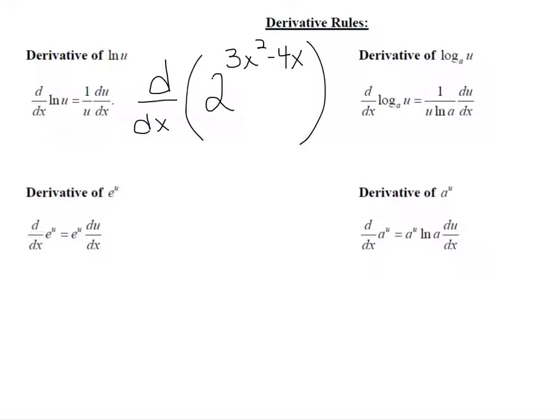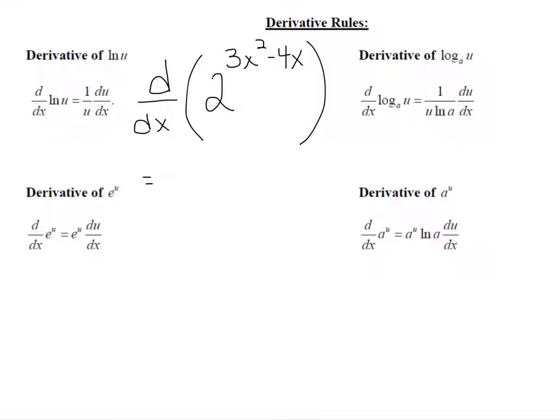Now let's look at the derivative of exponential functions. This is the derivative of a to the u. Here's my example: the derivative of 2 as my base, and notice my variable is in the power, so 2 raised to the 3x squared minus 4x. If I follow this rule, keep the whole problem the same.